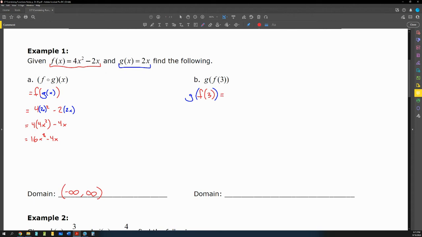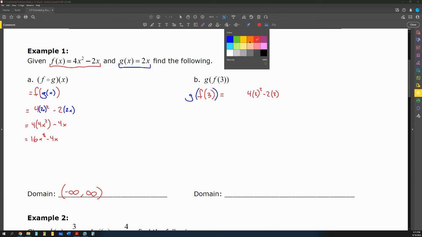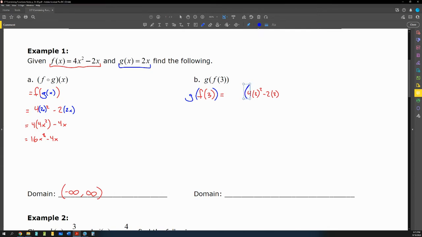This is equal to, if I plug in 3, 4 times 3 squared, and then minus 2 times 3. Now that becomes our input of g of x. Now remember, g of x is 2x, so our output of f of 3 becomes our x, or our input of g of x. So we have 2 times all of that.